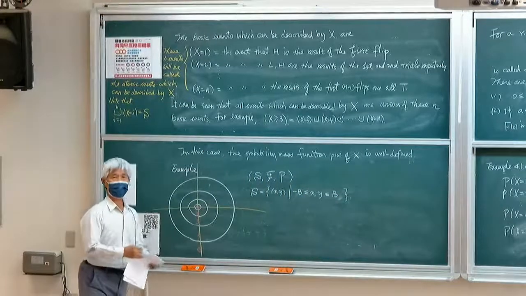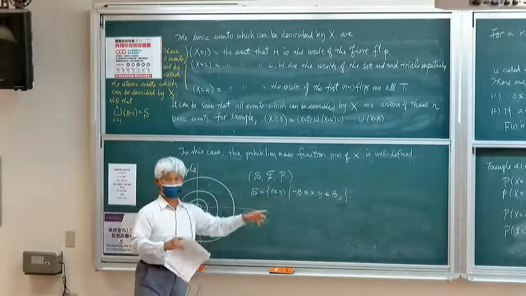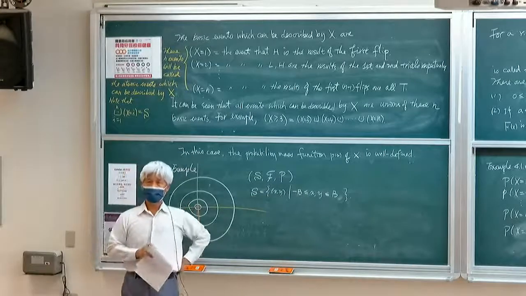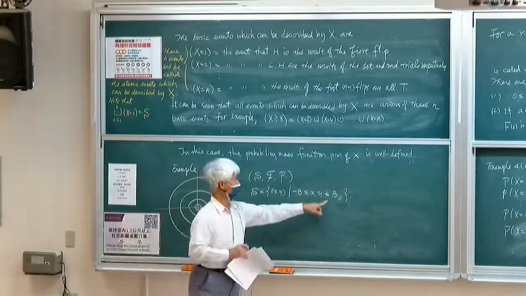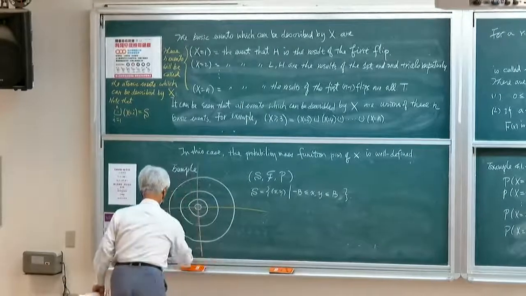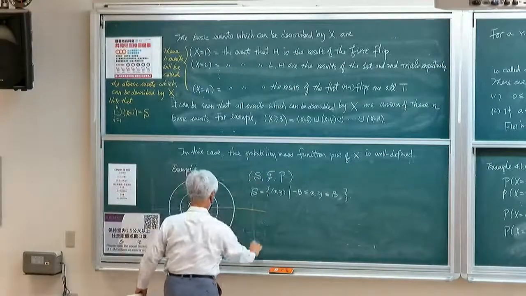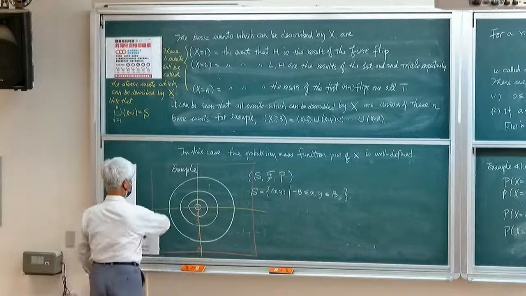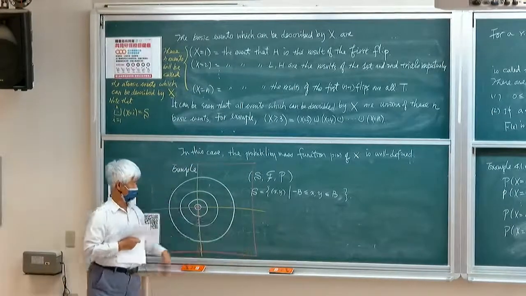Okay, so the point the archer will hit is described by a pair of real numbers between minus b and b. So you are modeling this by, okay, so the sample space can be any point in this square.